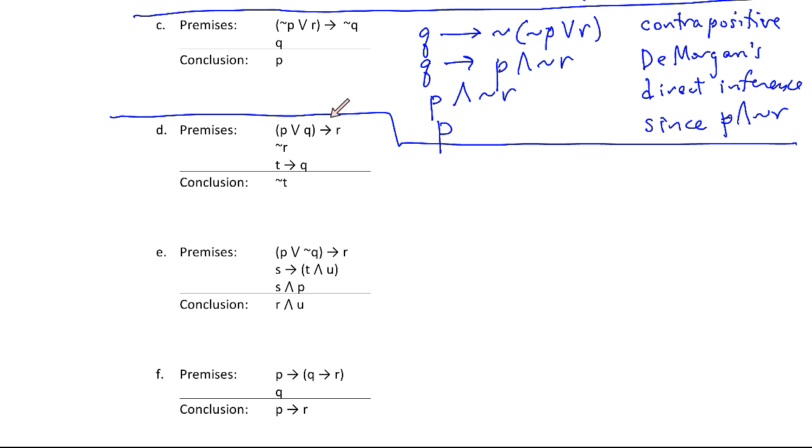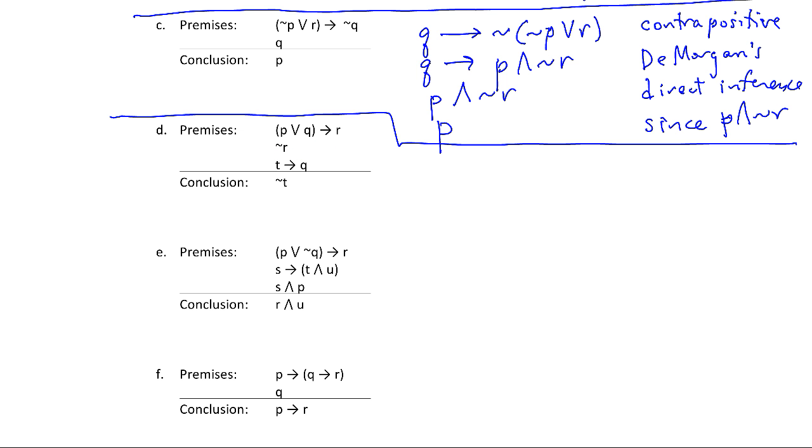If I take the contrapositive of this if-then statement, I get: if not R, then not that other thing. Once I get that, I'm going to apply De Morgan's to that, and I'm going to say not P and not Q. Once I have not Q, I can do the same thing here on T implies Q and say that not T is my conclusion.